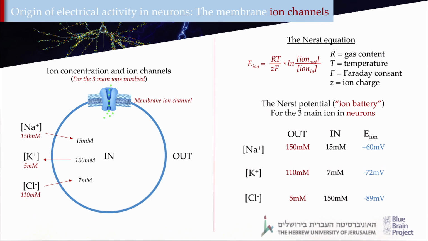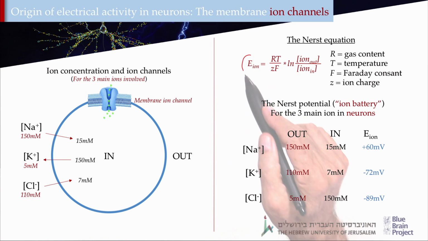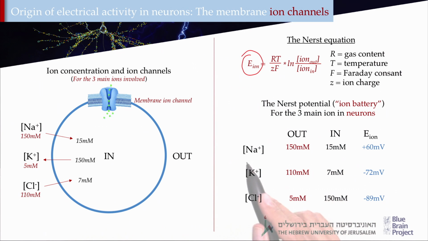Okay, so now let's look at this Nernst equation for each ion. The Nernst equation describes, so to speak, the battery for a particular ion. Let's look at the battery of the sodium, because the sodium is highly concentrated on the outside and less concentrated in the inside.